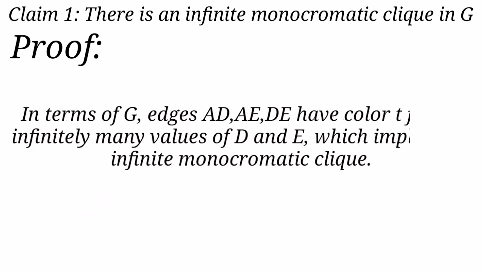This means that in terms of the graph G, we have an infinite monochromatic clique, because if you pick A and pick every number that makes the GCD of A and this number equal to T, we can color the edge between A and this number with color T. And as we have infinitely many numbers, if we pick two of these numbers, we have to connect them with an edge of color T. Otherwise, we would have the triple that we suppose that we don't have.